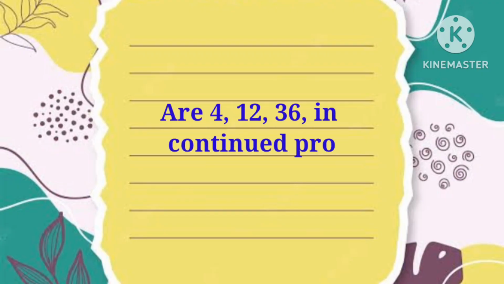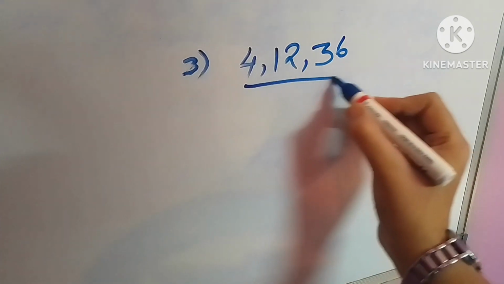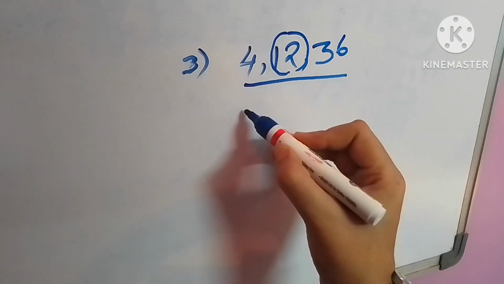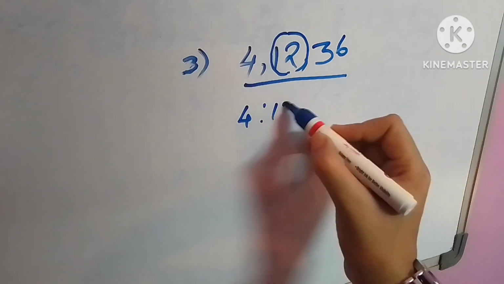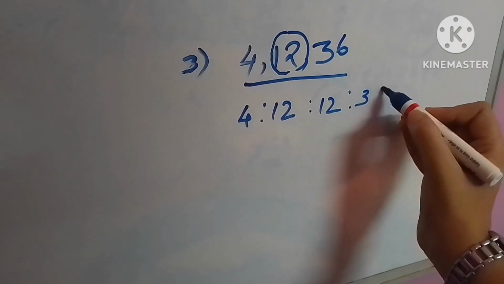Now let's find out whether 4, 12, 36, these three numbers, are in continued proportion or not. Three numbers being in continued proportion means the middle term should come two times. That will be 4:12 is to 12:36.